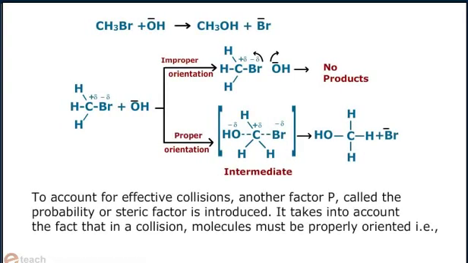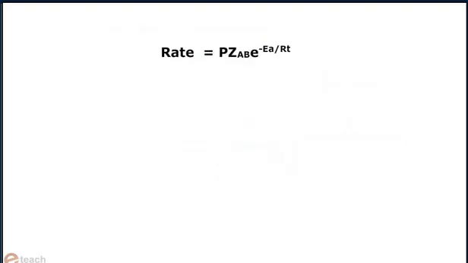To account for effective collisions, another factor P, called the probability or steric factor, is introduced. It takes into account the fact that in a collision, molecules must be properly oriented. That is, rate constant is equal to P Z_AB e to the power minus Ea upon RT.